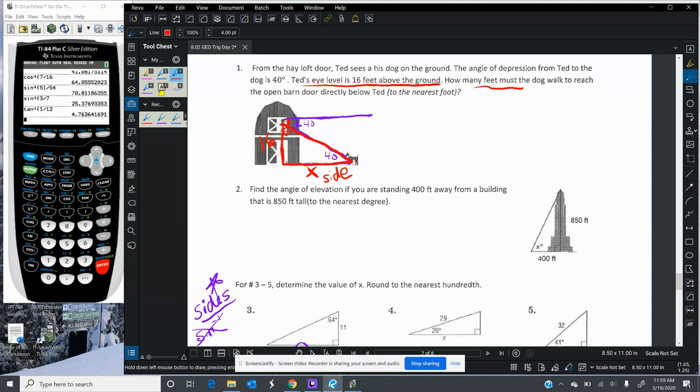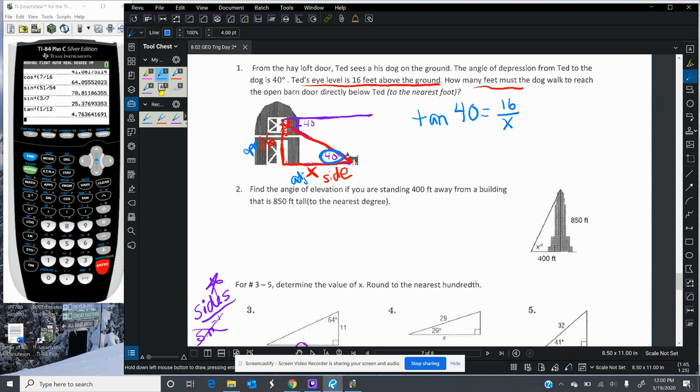So setting up our trig function, the parts from this 40 degree angle that we have, so if I focus on 40, we have the opposite side and the adjacent side. We did not know the hypotenuse, so the adjacent is tangent. This is where tan 40 goes, equals the opposite side 16 over our adjacent side x.